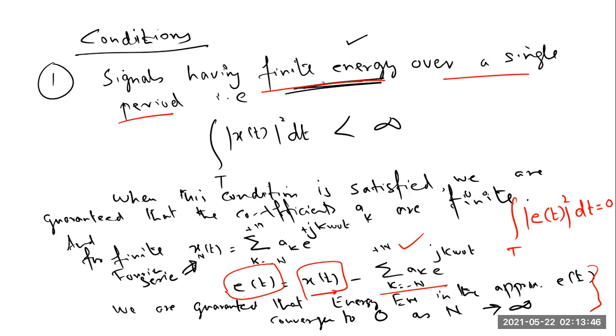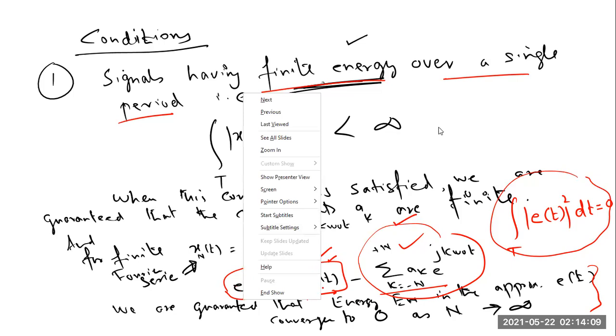So the difference in two signals is decided based on the energy of the signal. Even x of t and this signal may be different, but if they have this condition, it means there is no difference in the energy present in this signal and this signal. So it means our actual signal and its Fourier series representation will be identical. That is the effect of this condition.